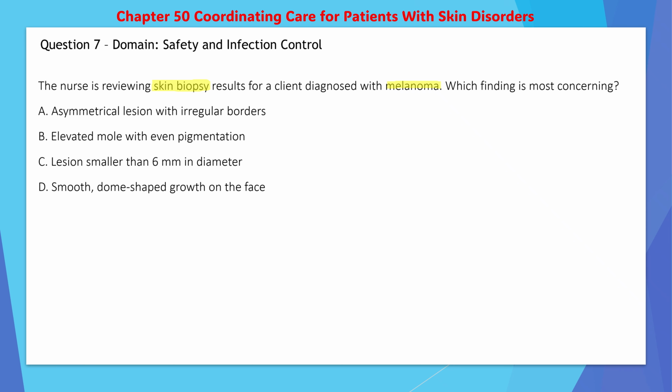Elevated mole with even pigmentation. Lesion smaller than 6 millimeters in diameter. Smooth dome-shaped growth on the face. So this is in chapter 49, and in the previous chapter it was the anatomy and physiology of the skin, complications, age-related changes, diagnostics, and nursing implementation.